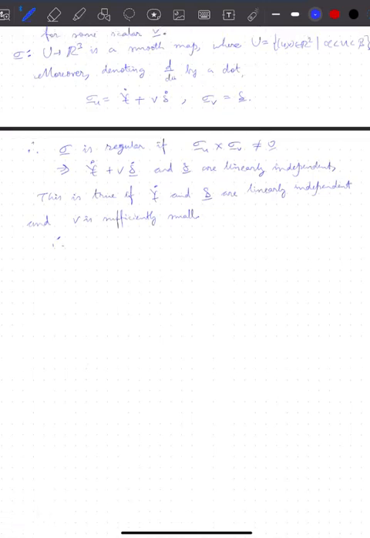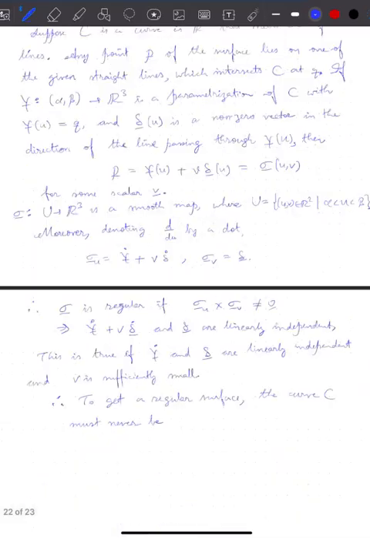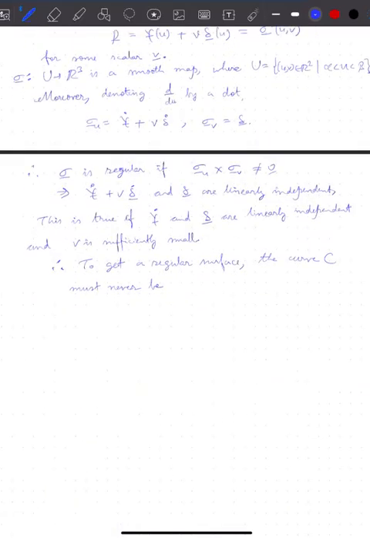So it implies that to get a regular surface, the curve C must never be tangent to the rulings. Because otherwise, what happens if C is tangent?